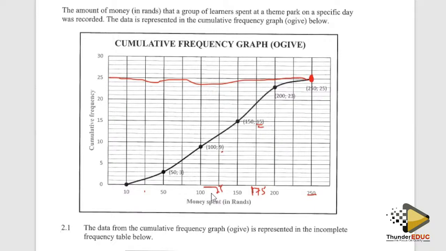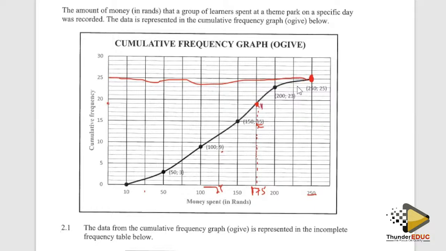Then I need to follow this 175 up until I reach the ogive. Okay, I'm getting the 175 at a line that is just below the 20 mark. Okay, so if I look at the intervals that were used, we just count 16, 17, 18, 19.